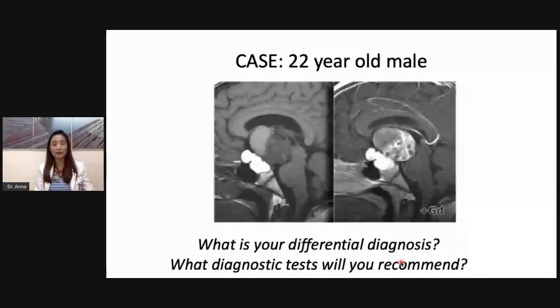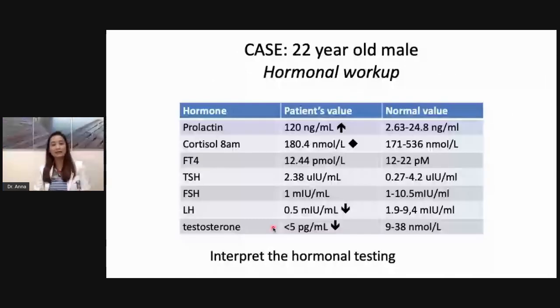So again, we already have imaging. Of course, you're doing your visual perimetry and of course your hormone testing. During the hormonal testing, they did a prolactin, and unfortunately, they only did an 8 a.m. random cortisol, but ideally, they should have done a 1 milligram dexamethasone suppression test. They also did the TSH and FT4, FSH, LH, and testosterone. So we're able to test all the axes.